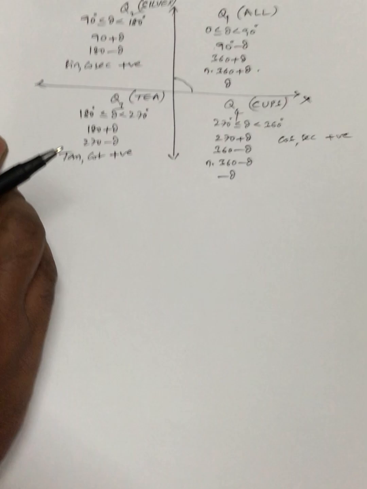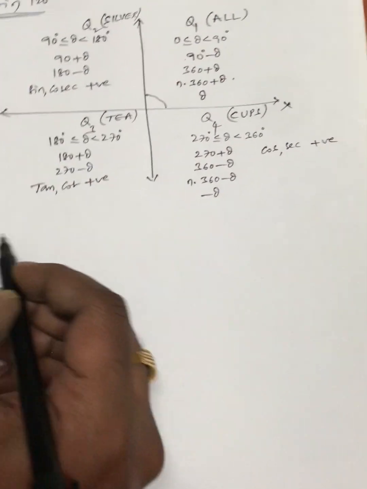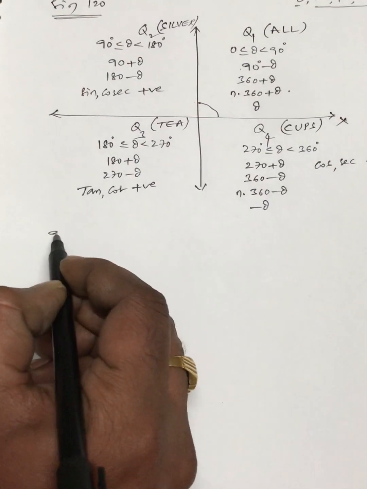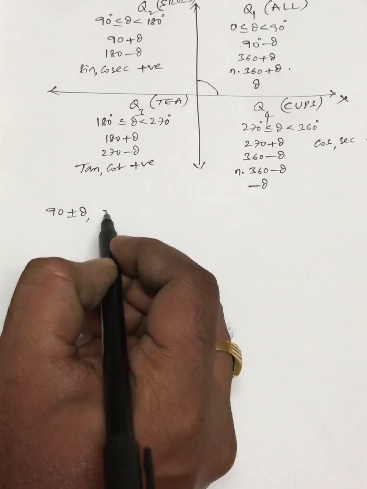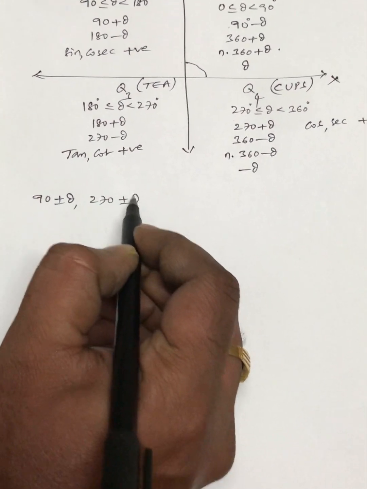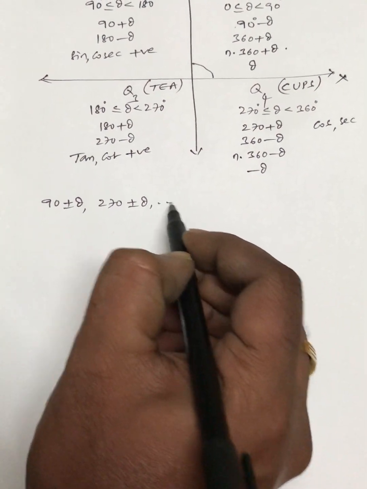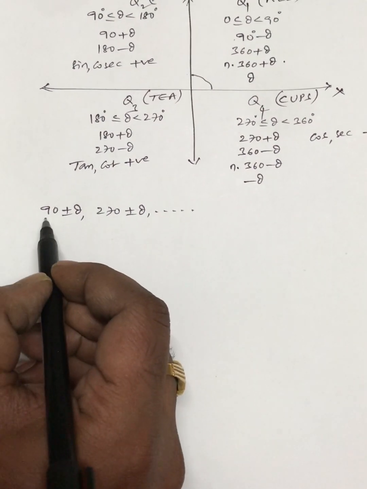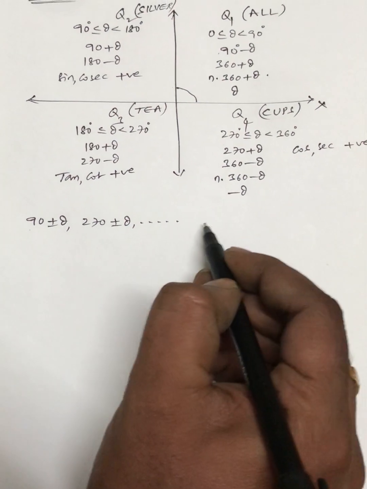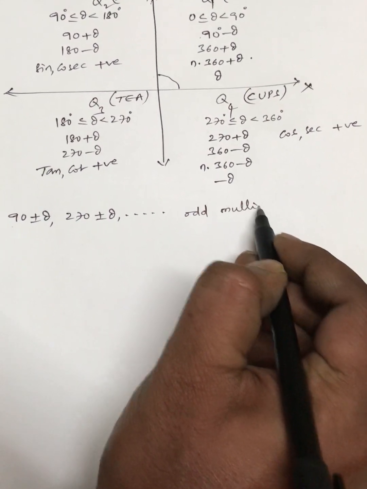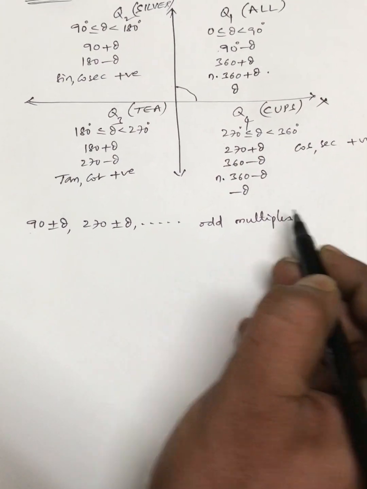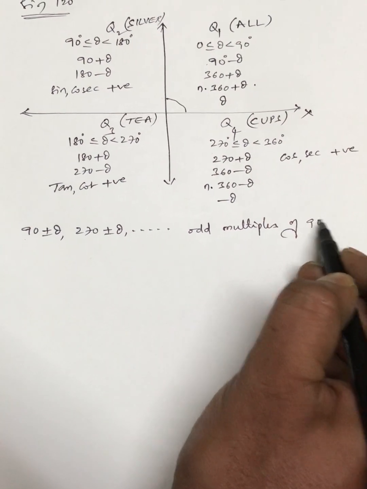Now coming to the third point, in the angles, if you observe, we have 90 plus or minus theta and 270 plus or minus theta. These angles are called odd multiples of 90 degrees.